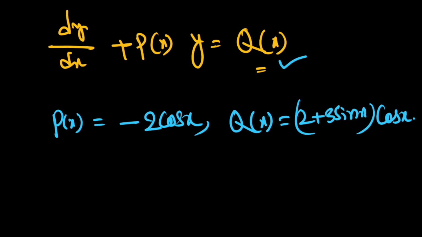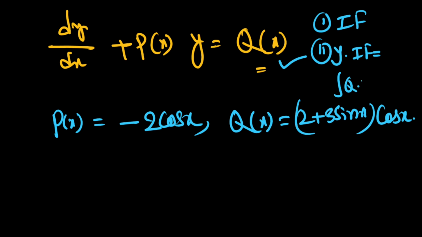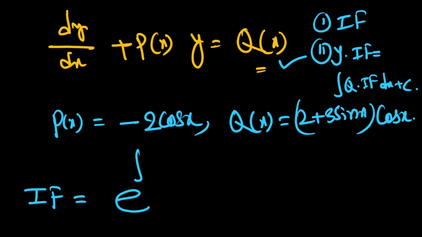First find the integrating factor, then we write the solution in this form: y into integrating factor is equal to integration q into integrating factor into dx plus some integration constant. So first we find the integrating factor. The formula of the integrating factor is e to the power integration p of x dx.